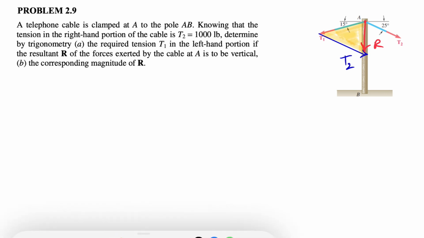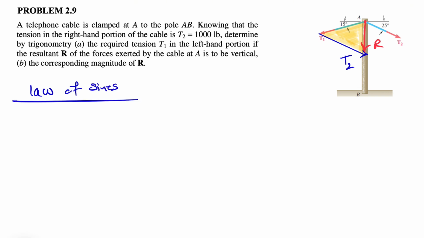As long as we have the angles, if we use the law of sines, we should be able to find all the unknowns we have in here, which are T1 and R. So let's see what the law of sines says. We have this side, T1, over the sine of the angle in front of it, which we can call alpha.